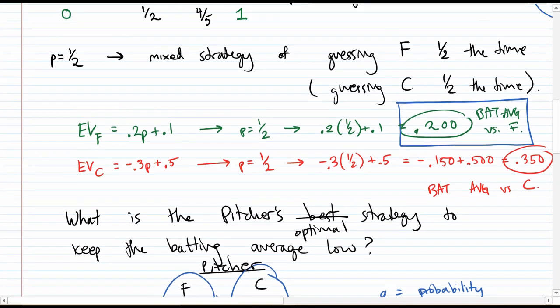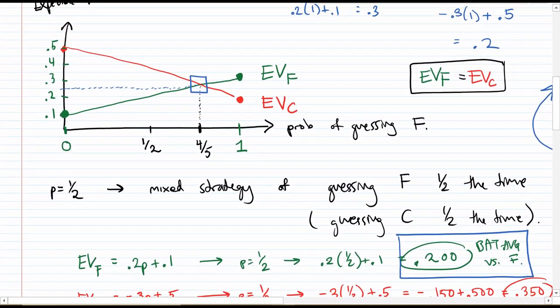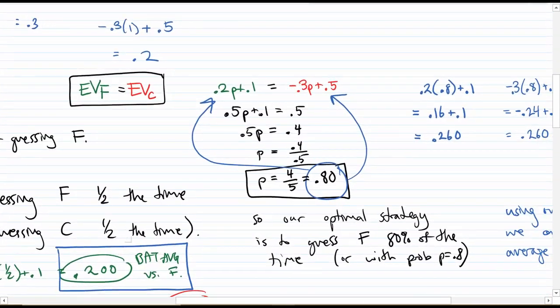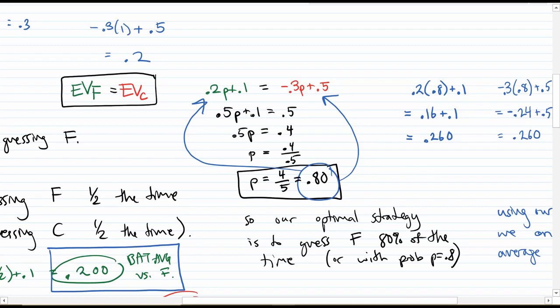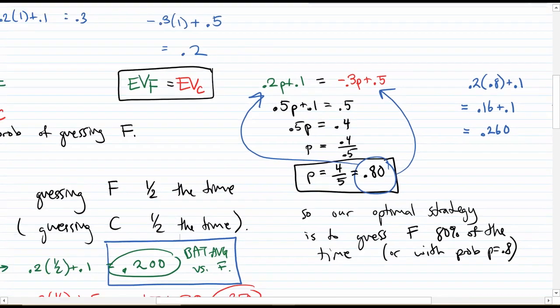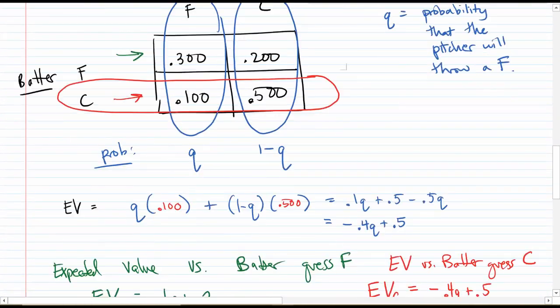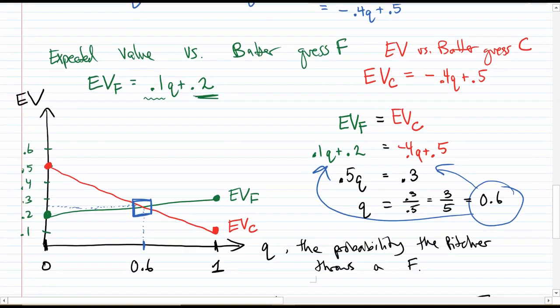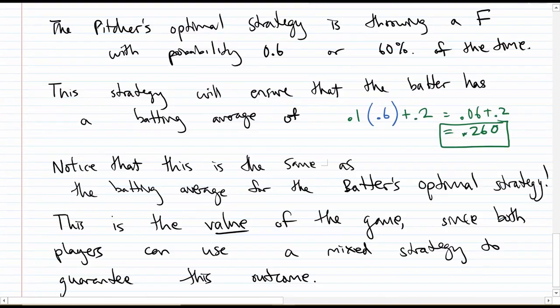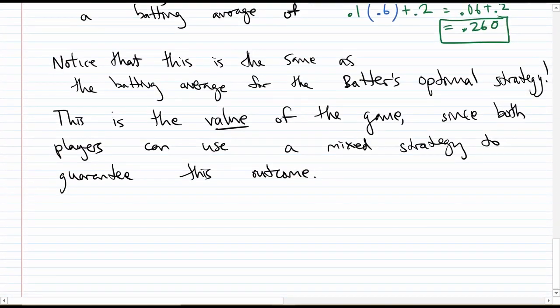The batter should be guessing a fastball 80% of the time. So P and Q are really different. Each player has a different optimal strategy, but they'll lead to the same expected value.